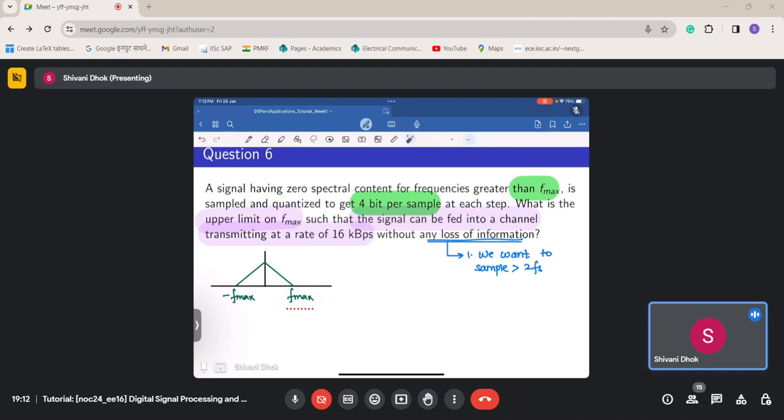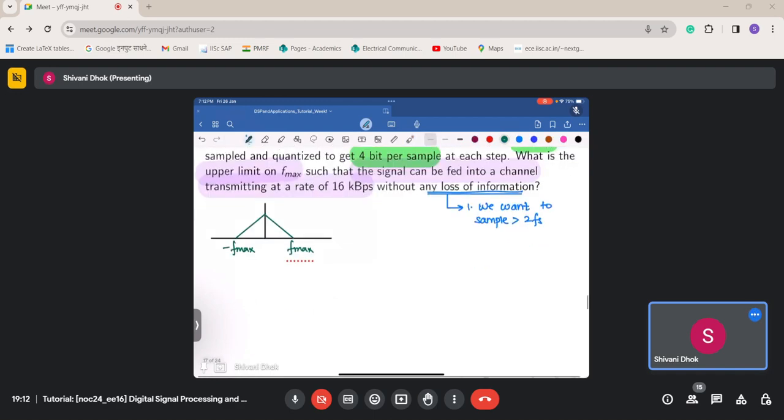And let's say that we sample the signal at fs sampling frequency.